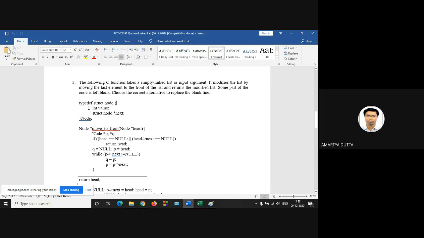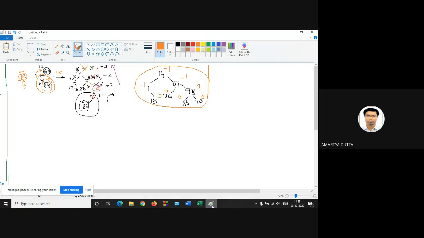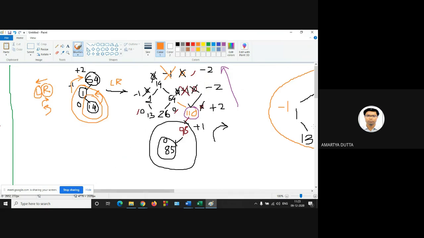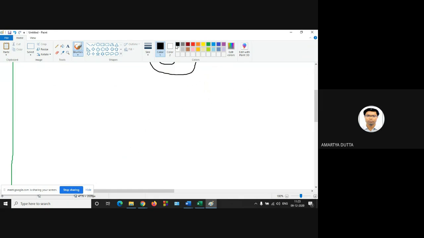First, this is your node structure using typedef. This is your node structure, and if head is equal to null... Let this is the node structure using single linked list.